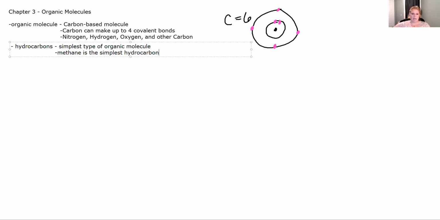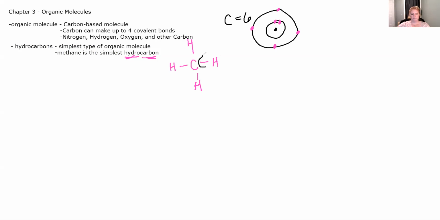As the name implies, they are made with hydrogen, hence the hydro part, and carbon. Methane, for example, looks like this. Remember that these straight lines are covalent bonds.